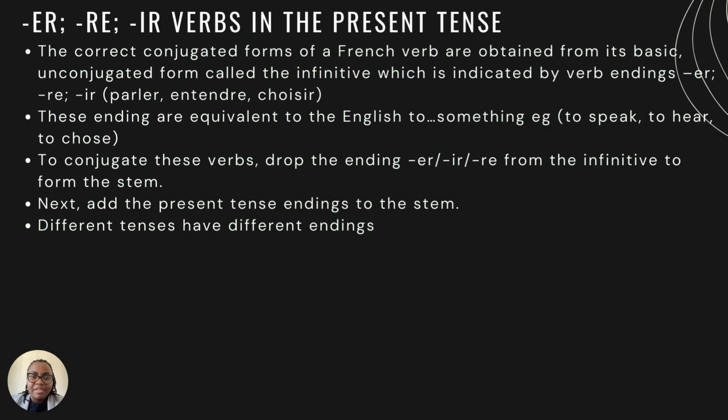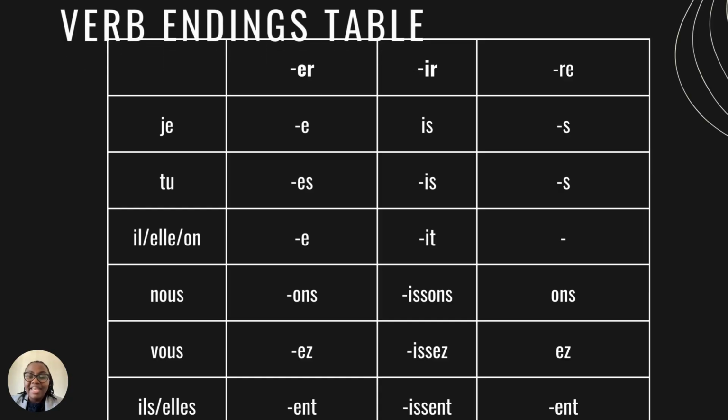To conjugate these verbs, you drop the ending, which is either er, ir, or re, from the infinitive form. When you drop them, you are forming a stem or a root. Next, you add the present tense endings to that stem. We have different tenses and different endings, so let's look at the endings in the present tense.